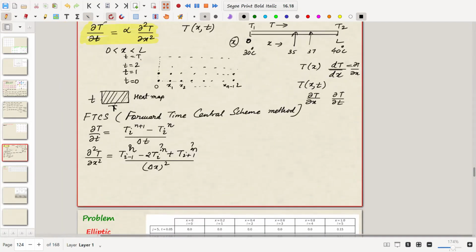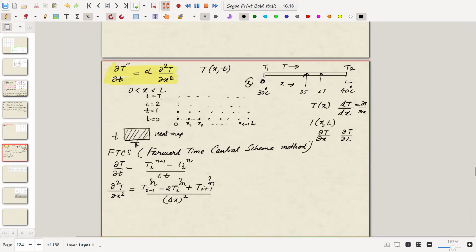Can you now substitute this? If you substitute, what do you get? Substitute these into equation 1. You have to just substitute and discretize and get an equation that you have to solve numerically again and again, iteratively, and you develop the numerical method scheme.